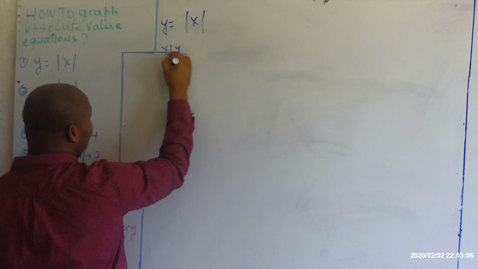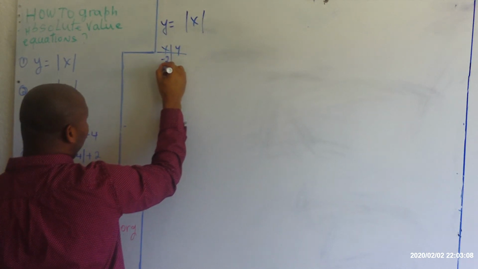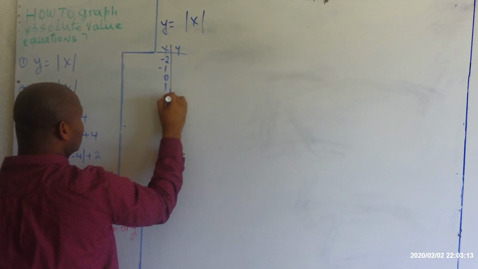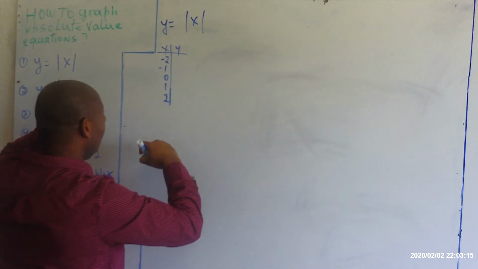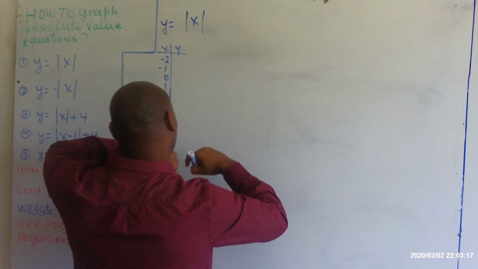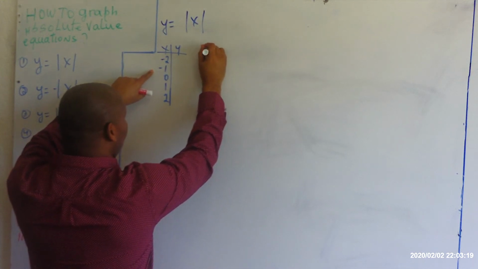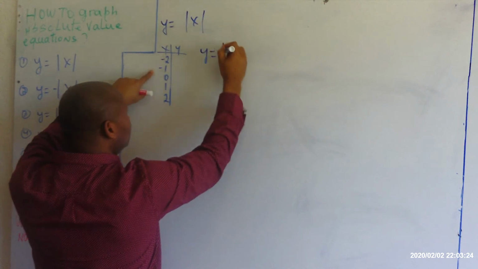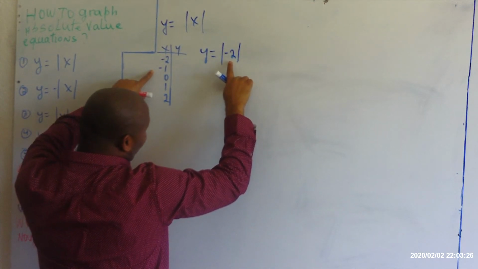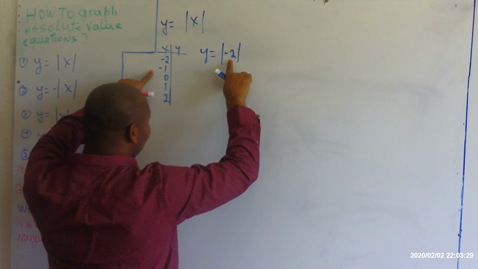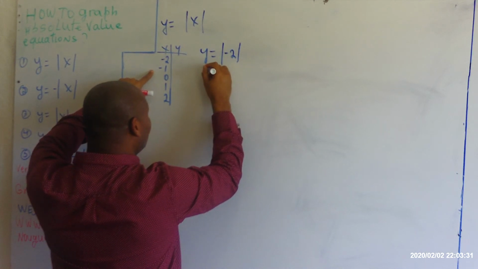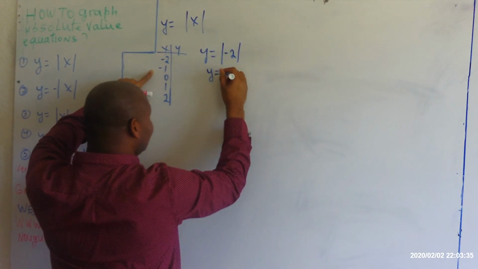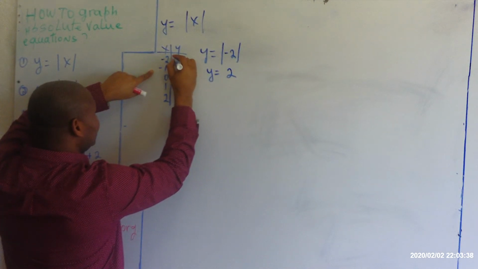x, y. We can use -2, -1, 0, 1, 2. Remember I taught you what absolute value is. Look at y. I brought -2. Remember, the absolute value of any number is going to be positive. So the absolute value of -2 will give you 2. Just write 2 right here.